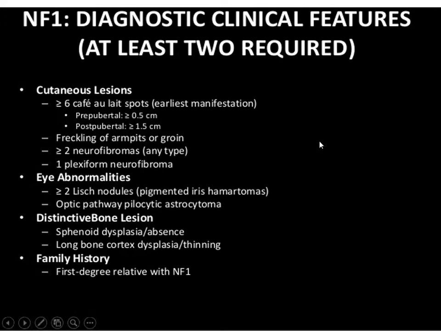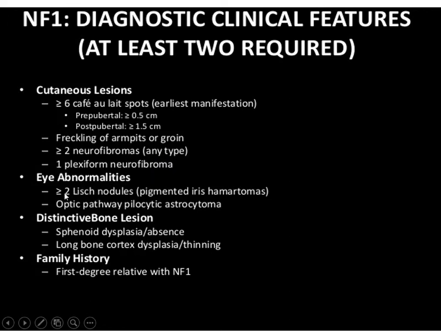For the diagnostic clinical features of neurofibromatosis type 1, at least two of the following are required. Cutaneous lesions: more than 6 café-au-lait spots, the earliest manifestation, pre-pubertal more than 0.5 cm and post-pubertal more than 1.5 cm; freckling of the armpits; more than 2 neurofibromas of any type, or 1 plexiform neurofibroma.